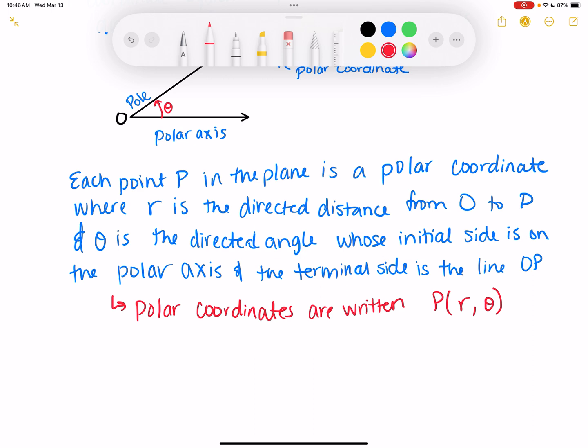It's just denoting that point specifically. An example of what this would look like with numbers, you would see something like (-2, pi over 3). And we can have degrees. So the other option would be (5, 60 degrees) or something like that.